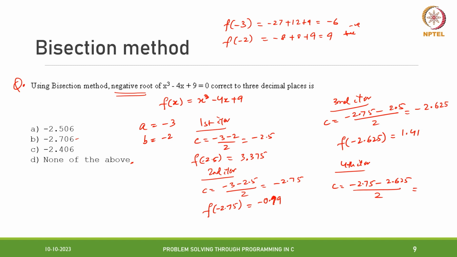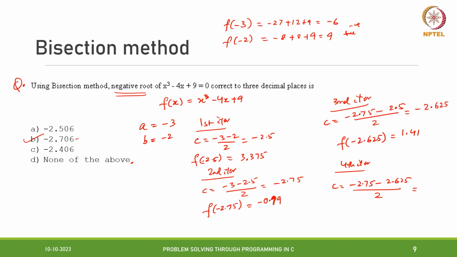So just put this value into this equation, right? And see if the value is coming out to be 0. If it is coming out to be 0, then this is your answer. So you can make an educated guess as to what the solution is, and you will see that this will come out very close to 0. So here the answer is minus 2.706.